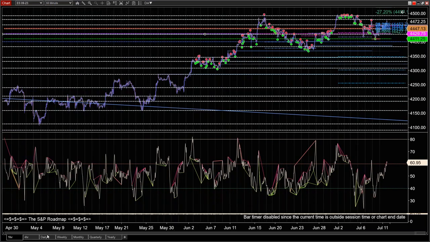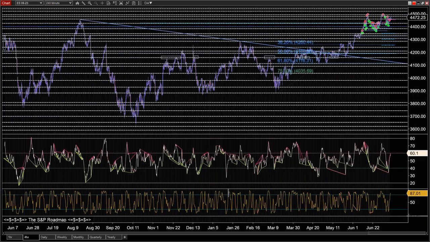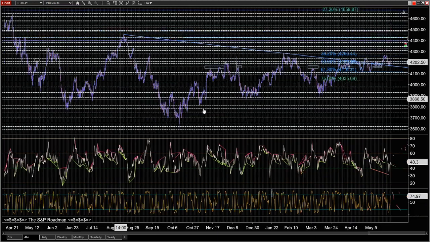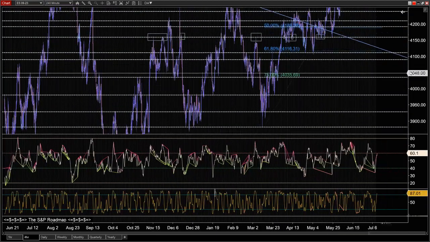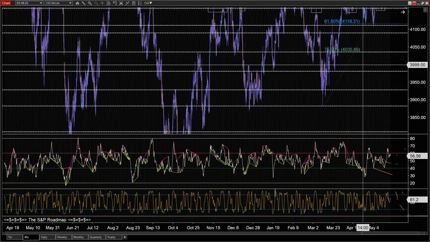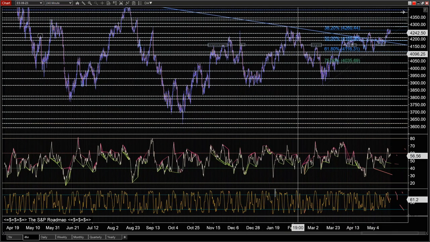So if you zoom all the way out, and maybe we'll do it here on the 4-hour, and you look at what the market has done over the course of multiple months and maybe multiple years, assuming you have enough data loaded up, you're going to notice that there are very discrete areas on the chart where we get rotations, right? Where the market will make large moves and then turn very discreetly off specific areas in the chart.